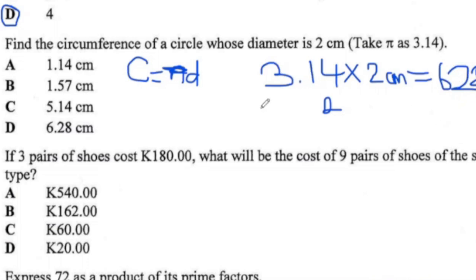Now when we look at these numbers we've multiplied, there are 2 decimal places in these 2 numbers. 2 has no decimal place, so there are only 2 decimal places, so we move the point from here. Our answer should also have 2 decimal places, so it's going to be 6.28 centimeter. So the answer is D.